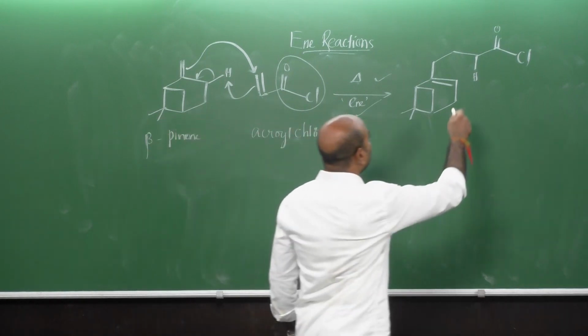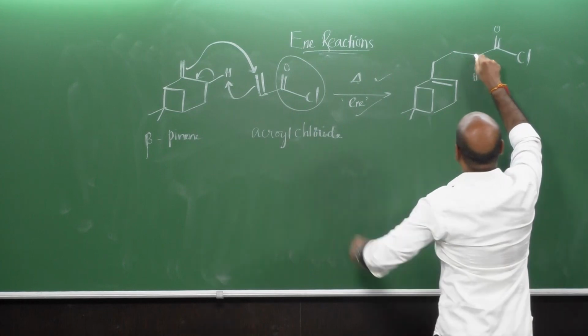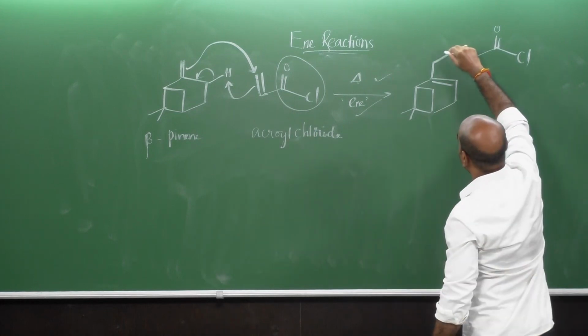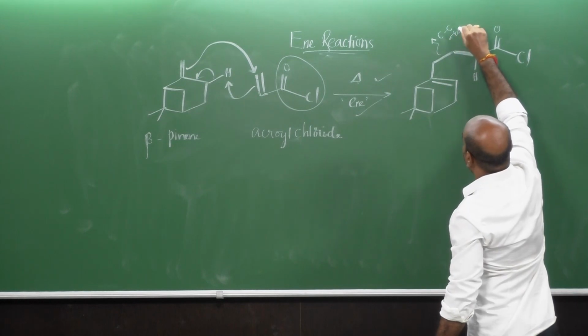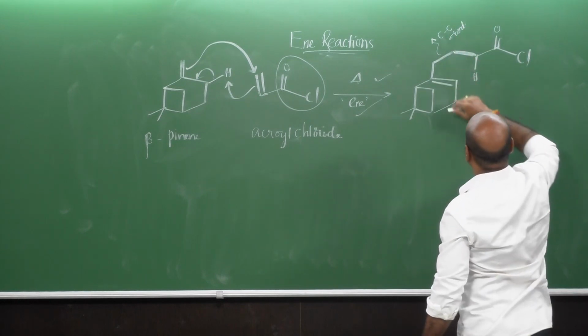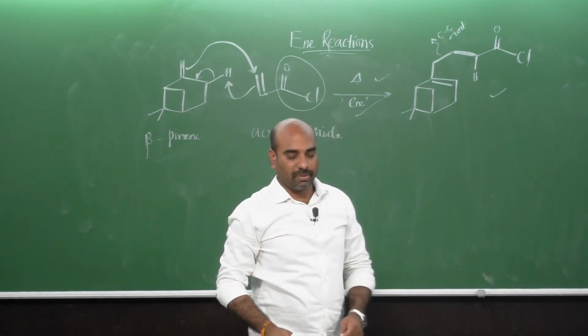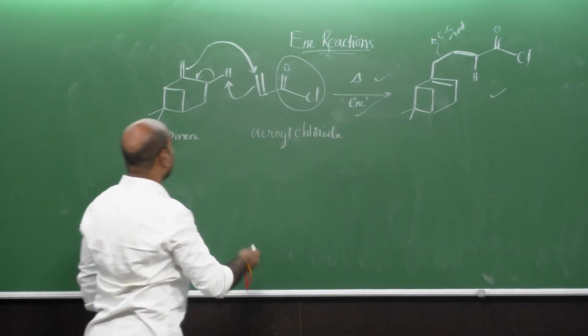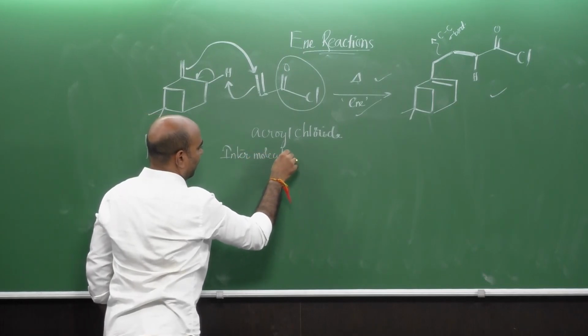So, the hydrogen has moved to this carbon atom. So, this is the carbon atom, and then this one, a CC sigma bond formed and a pi bond is formed. So, therefore, this is the product of this particular example, which comes under intermolecular ene reaction.